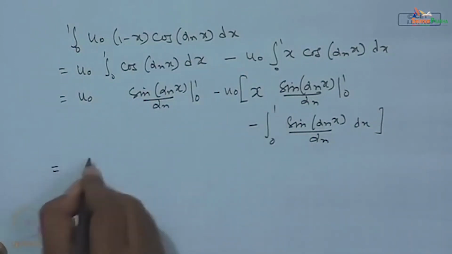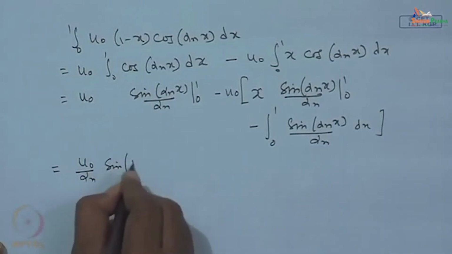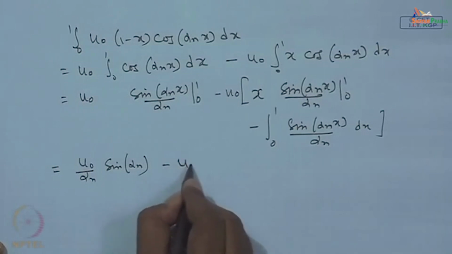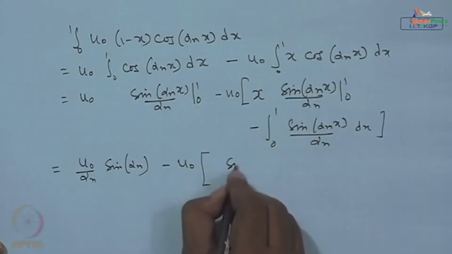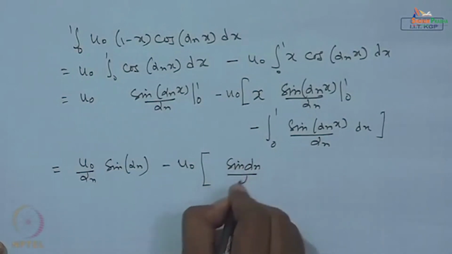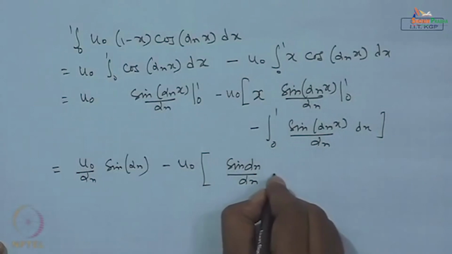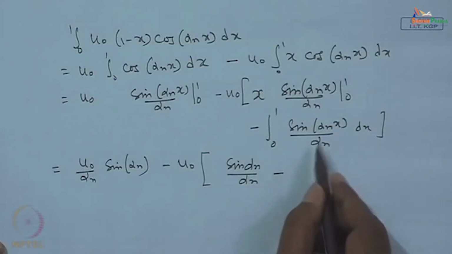So, this becomes u_0 by alpha_n sin alpha_n, because sin 0 is 0, minus u_0 times sin alpha_n by alpha_n, multiplied by 1, and the other limit is 0. Then alpha_n will be outside, and the integral of sin alpha_n x is nothing but cosine alpha_n x.